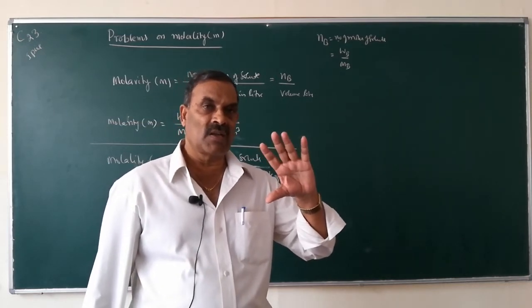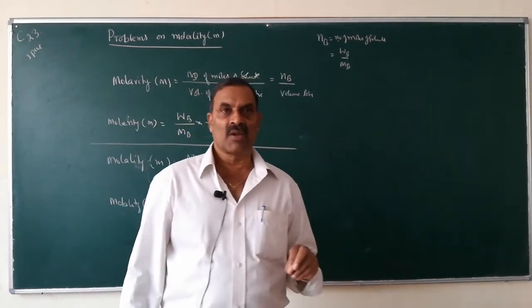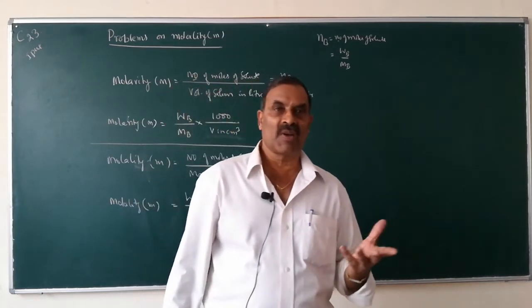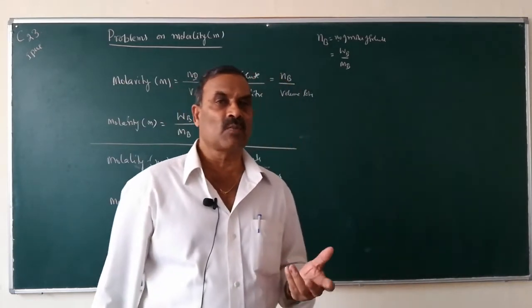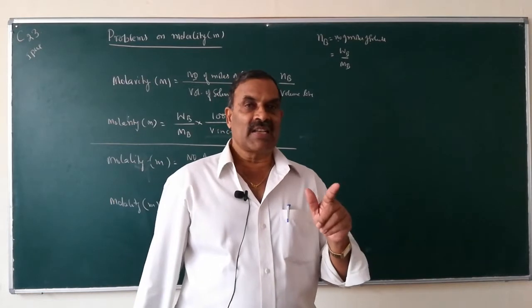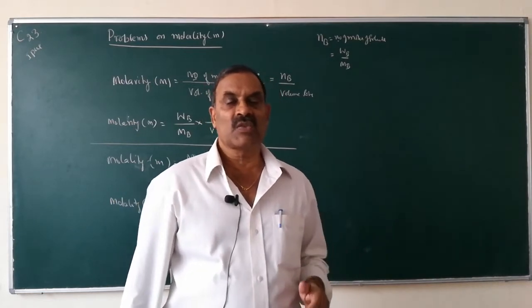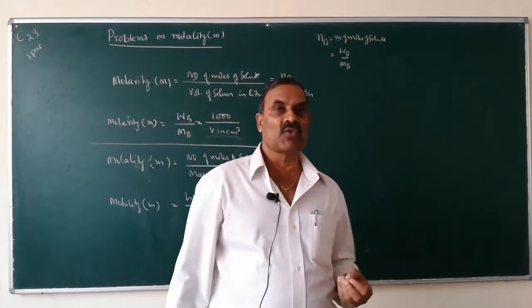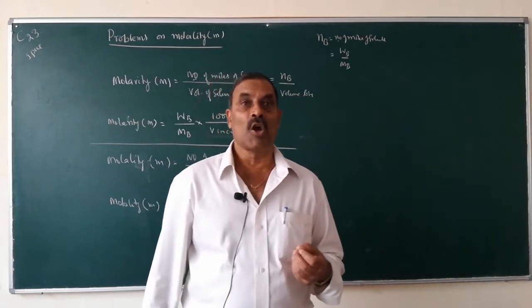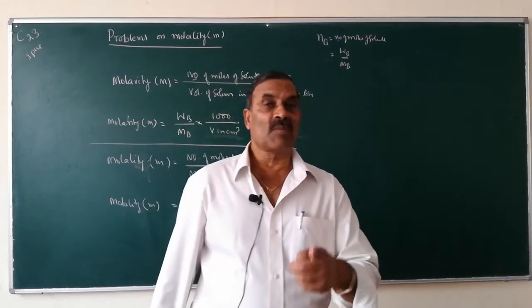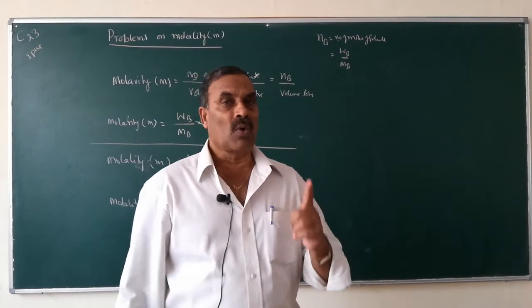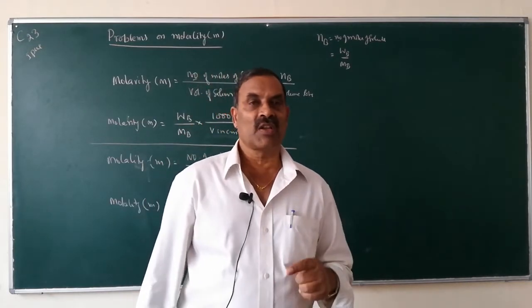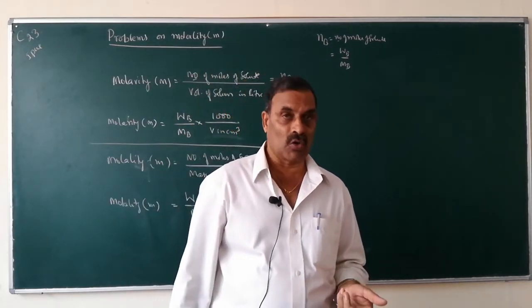For example, sodium hydroxide. What is the formula of sodium hydroxide? NaOH. What is its molar mass? 23 plus 16 plus 1 equals 40. 40 gram of sodium hydroxide is called 1 gram molecular mass of sodium hydroxide, and 1 gram molecular mass is called 1 mole.